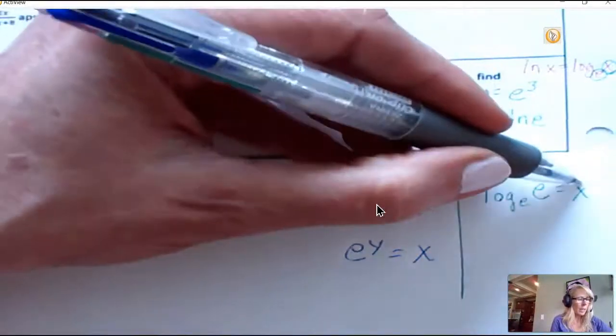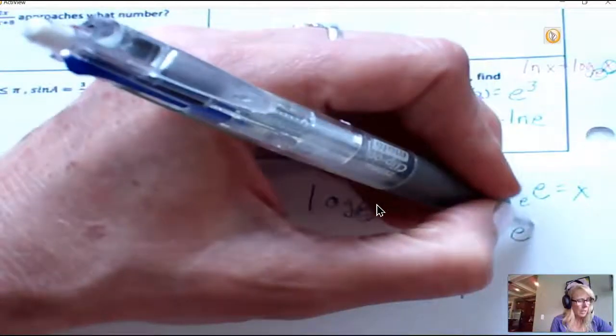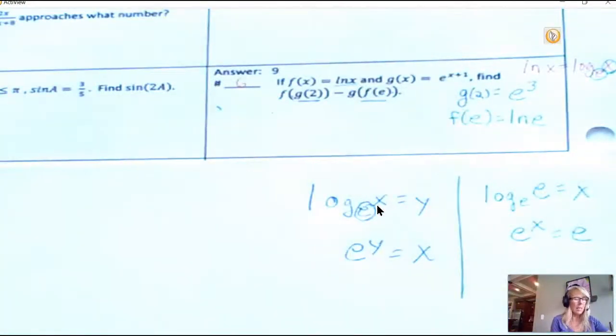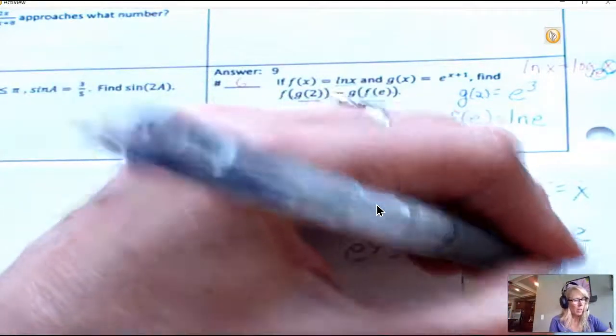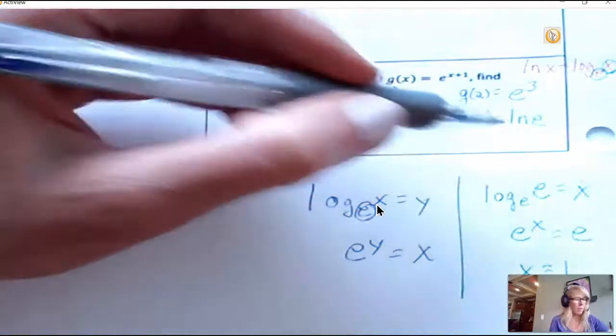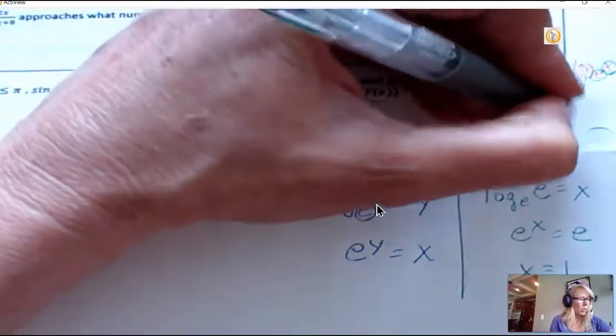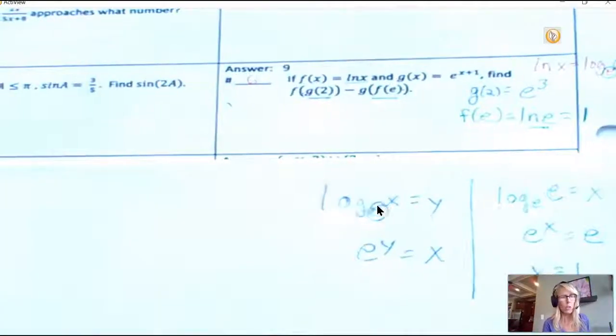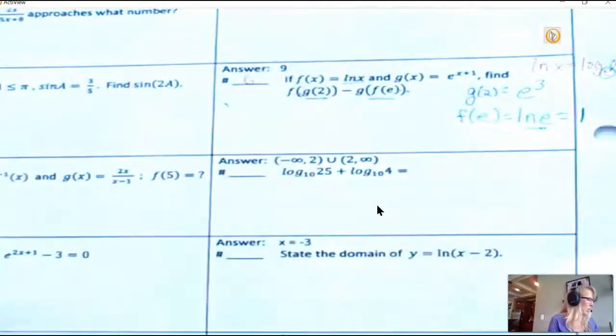So e to the x equals e. Well, what does x have to be? x has to be 1. So what that means is that the natural log of e is equal to 1. Okay, and that's one you will know. If you have forgotten it, we'll use it a lot. So you will know that one.